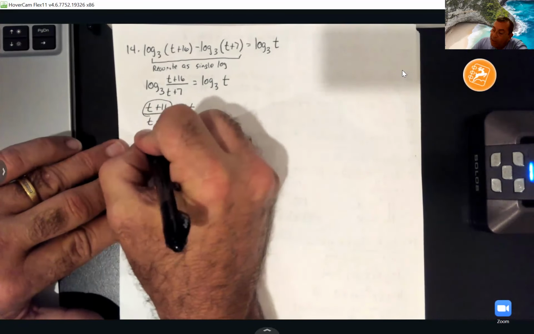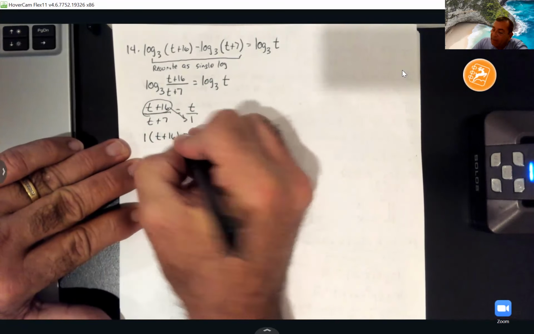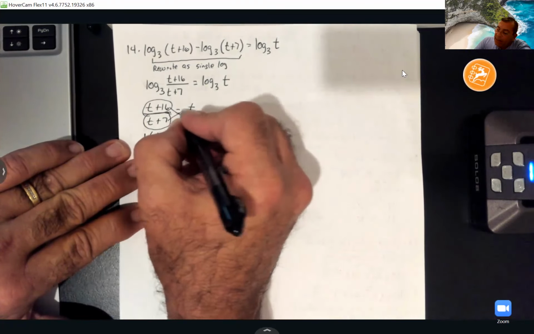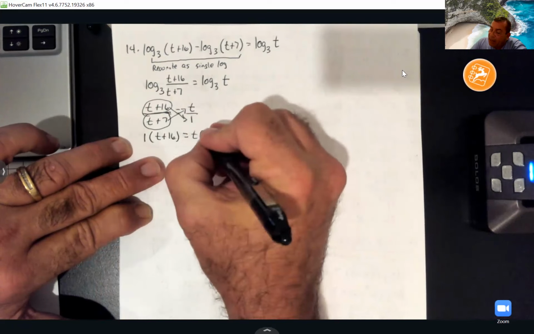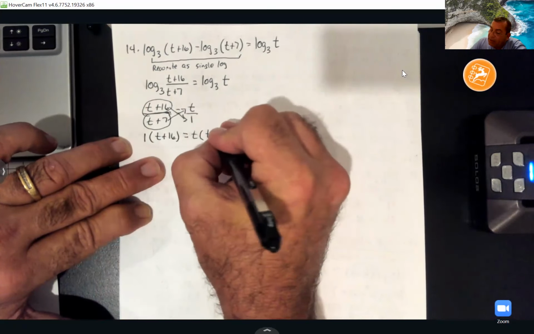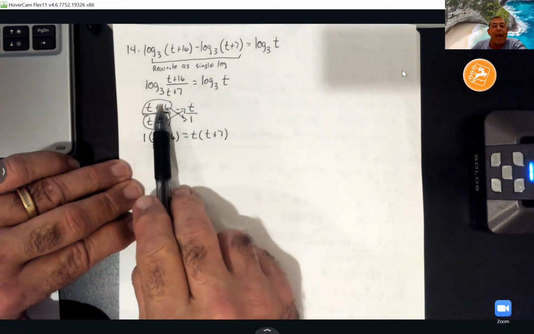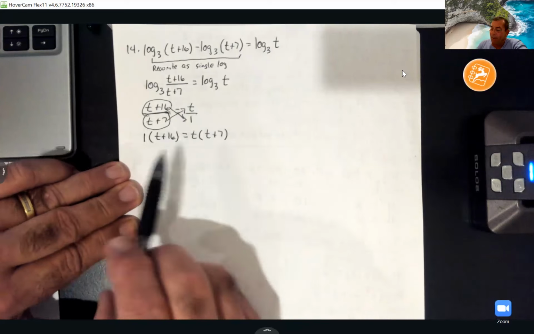So I get 1 times t plus 16. That's going to equal that bottom times that top. So that'll be a t times t plus 7. Okay? So when you got a fraction equal to a fraction, cross multiply.